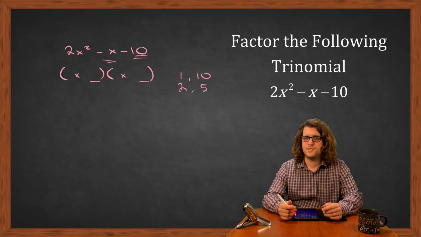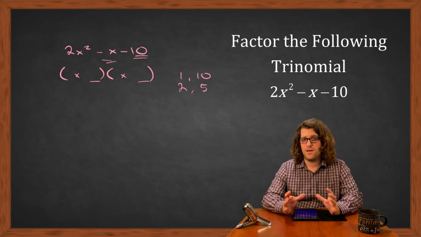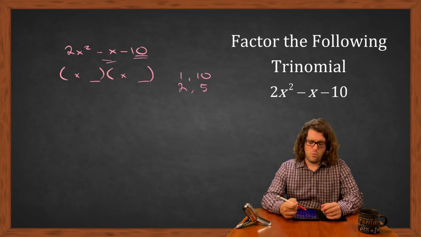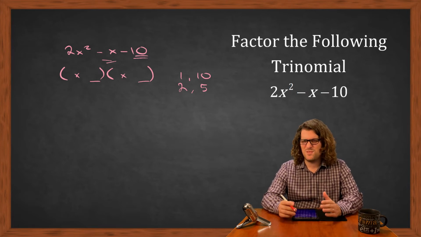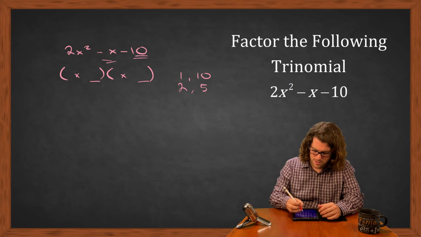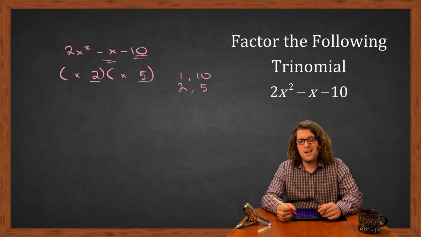Because numbers that are close together generally will cause differences that are small. So when I see that it's a negative x, and the negative 10, I'm going to be using a positive and a negative value. I want those positives and negatives to be really close together. So I'm going to put a 5 and a 2 out here instead of the 1 and the 10.